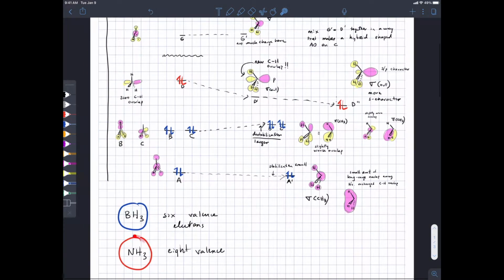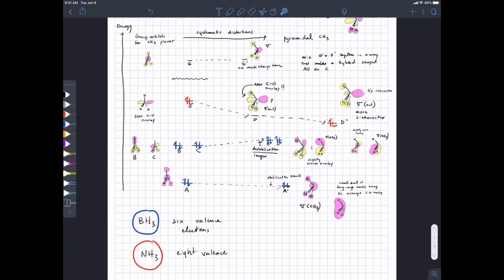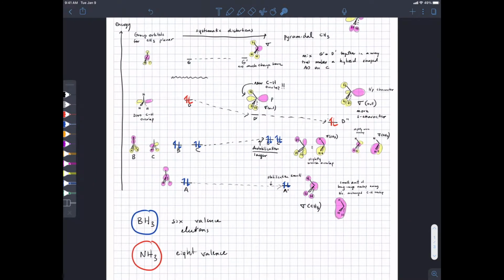In contrast, ammonia, which has 8 valence electrons, same exact number of atoms, so we can use the same orbitals and just compare the two geometries. And here I'm representing the additional 2 electrons of ammonia in red. If we were planar, those electrons would be held in a p orbital with 0 CH overlap.